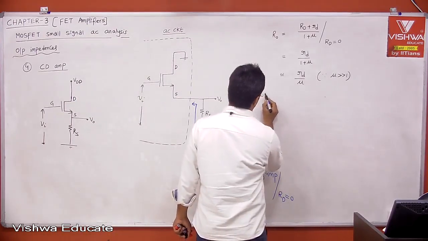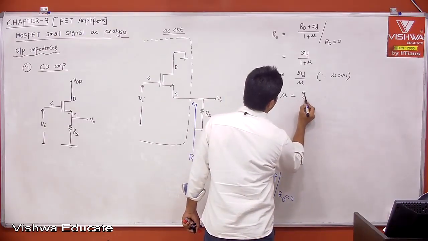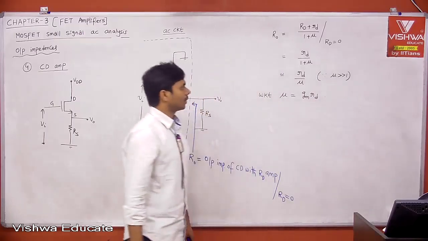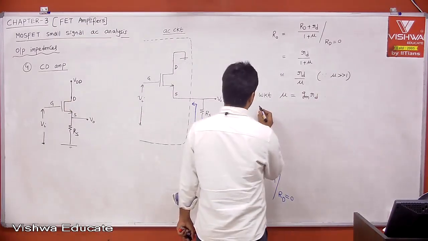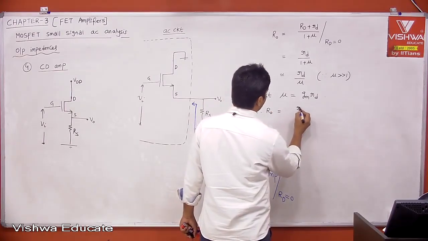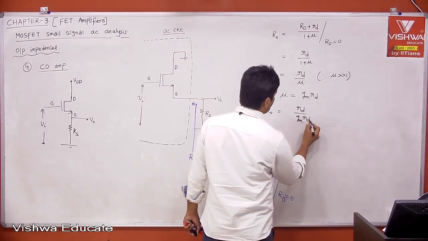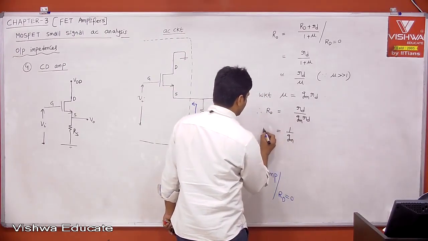We know that mu is nothing but the amplification factor, the transistor intrinsic gain. Therefore, that is nothing but Gm into small rd. Then if you substitute, your R0 is rd divided by Gm into rd. rd will be cancelled. Then your R0 is nothing but 1 by Gm.